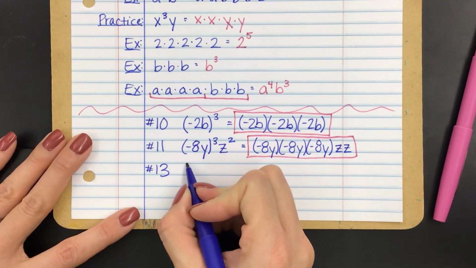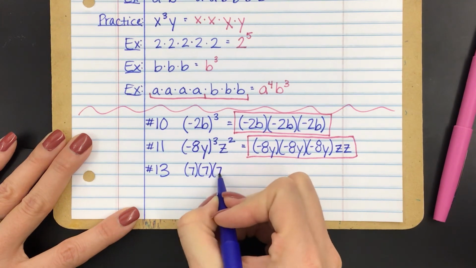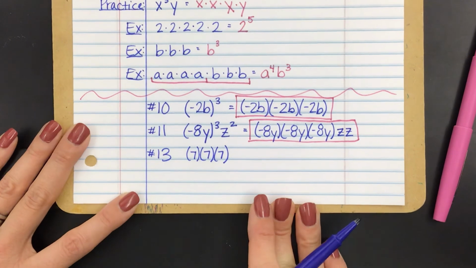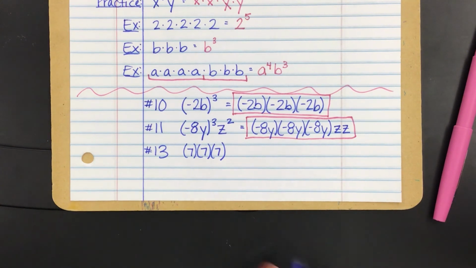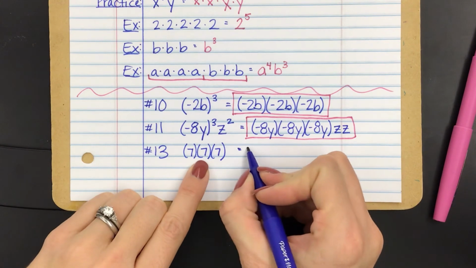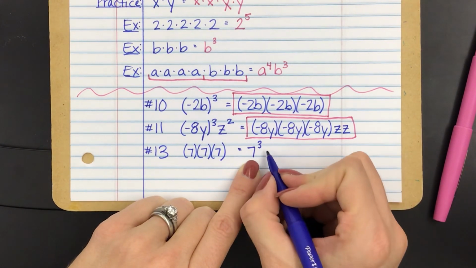This is what the problem looks like: 7 times 7 times 7. And you need to write this in exponent notation. But there is no way to create an exponent in Google Forms. You can use the caret symbol. So the answer is 7 to the third power.